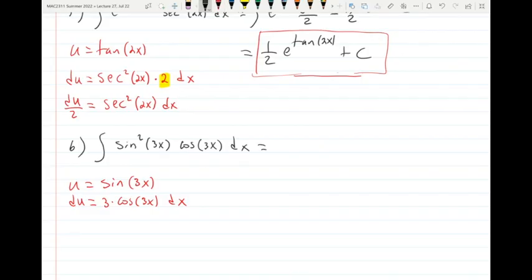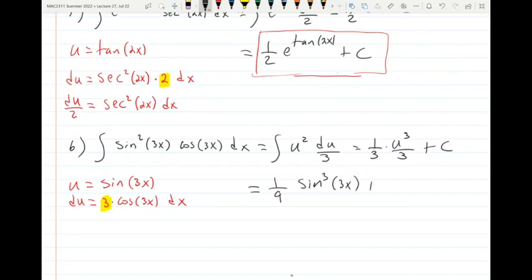Okay, just going to do it directly. So this becomes u squared, and then cosine of 3x dx, that's just du over 3. Okay, again, this 3, just move it to the other side, dividing. Okay, so it will be 1/3, and then the integral of u squared, that's u cubed over 3. Okay, and so this becomes 1/9 sine cubed of 3x.